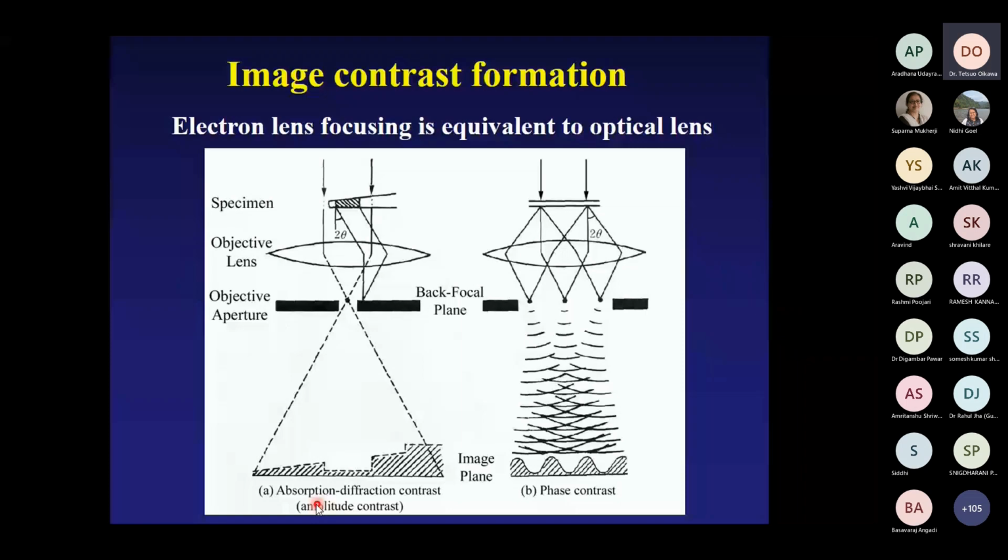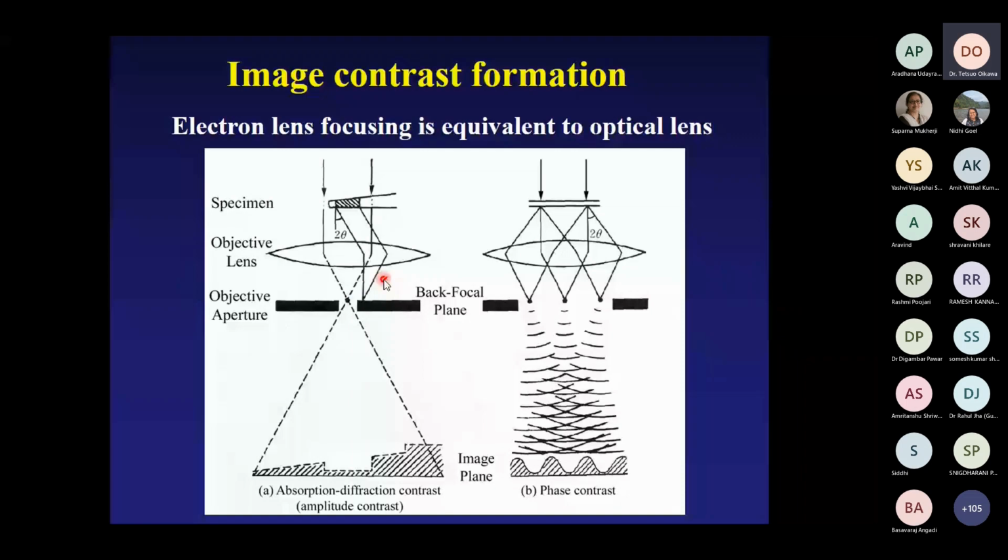Simultaneously, if the specimen has some crystalline part, the crystal generates diffraction like this. Then, in combination with a small-diameter objective aperture, the scattered electrons are cut off on the path, so they cannot reach the image plane. In the image plane, these electrons appear as if scattered inside the structure.